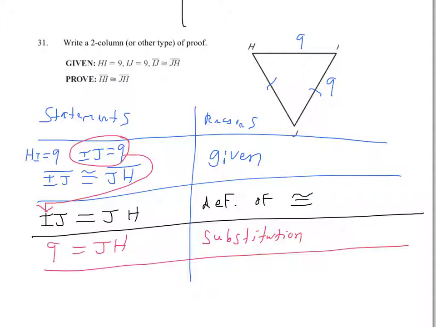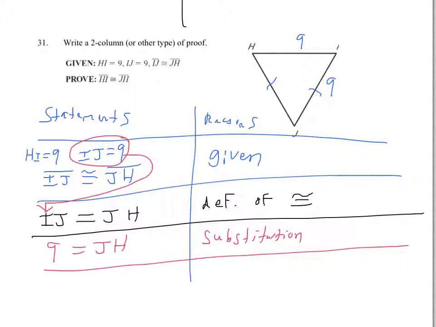So now I can do another replacement. If JH equals 9 and HI also equals 9, I can replace one for the other. And this, you could either use the transitive property, because it's like you're saying HI equals 9 and 9 equals JH, therefore HI equals JH. Or you could substitute, either one.